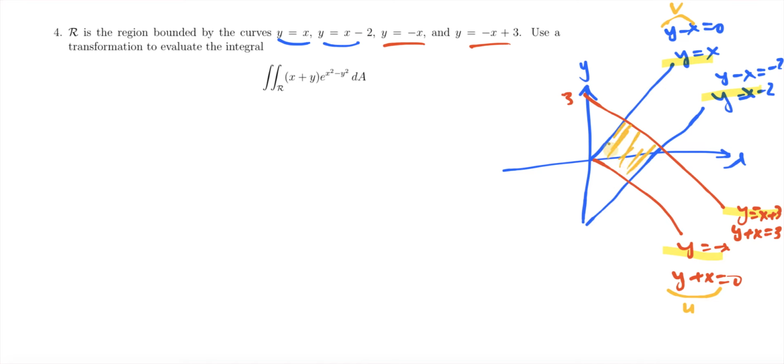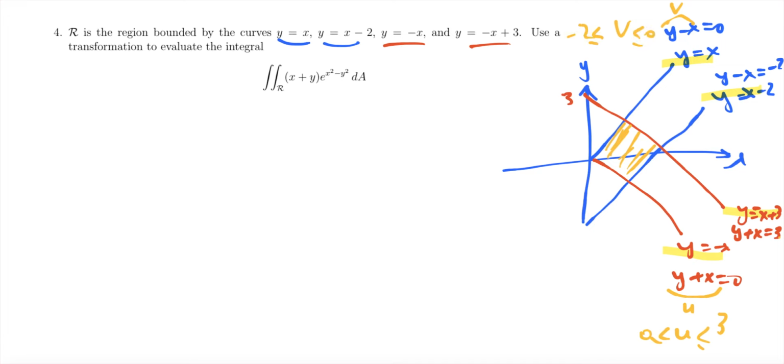It's like this region. And then I see if I set that to be u, the bounds for u are going to be 0 and 3. And the bounds for v over here are going to be negative 2 and 0.